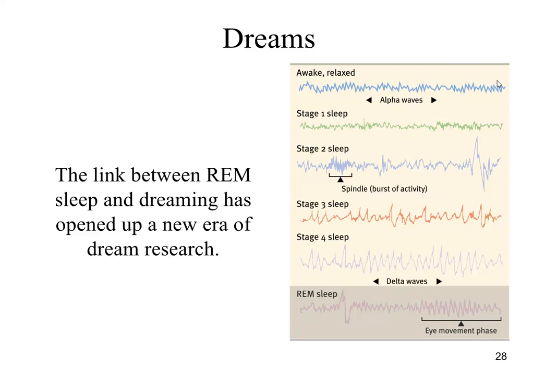Stage 2 sleep is where we see the sleep spindles, where there are these bursts of activity in our sleep. Stage 3 are these slower, and then stage 4 sleep, and then finally the REM sleep, you have the delta waves. So it is almost as if we're in stage 4 sleep with this rapid eye movement.